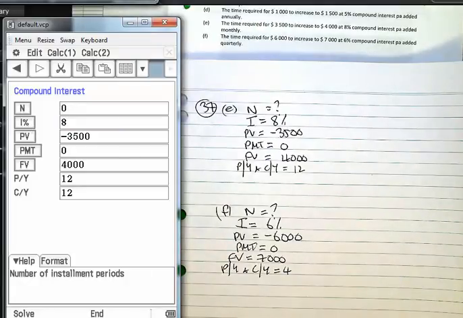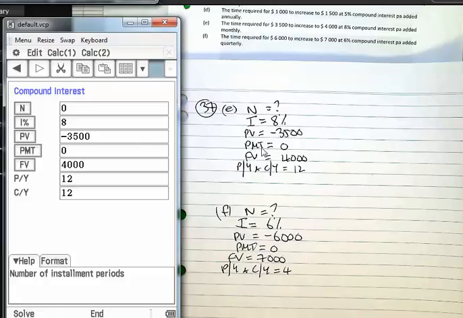Question 37E, you're asked to work out the number of payments to achieve these particular targets given the interest rate and a compounding interest regime. So what I've done here, financial once again, I've entered 0 for number, the 8%, the negative 3,500 because it's coming out of my pocket, payment is 0, 4,000, and the payments per year and the compounding per year is 12.